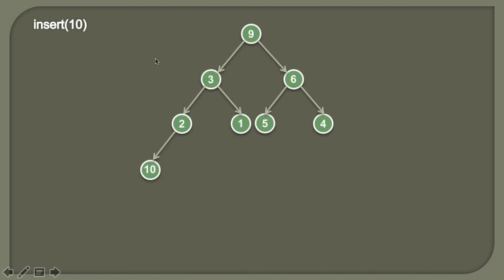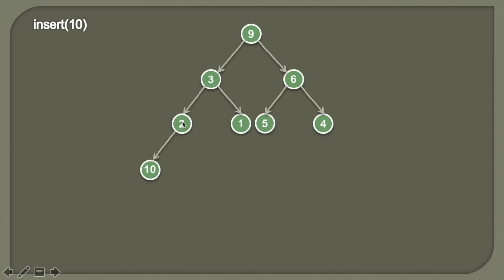As it is a max binary heap, we know that the maximum element always lies at the root of this binary tree. But here, as we have inserted a value 10 which is greater than 9, the heap order property is not satisfied, because each node in a max heap should have a value greater than the values of its children.